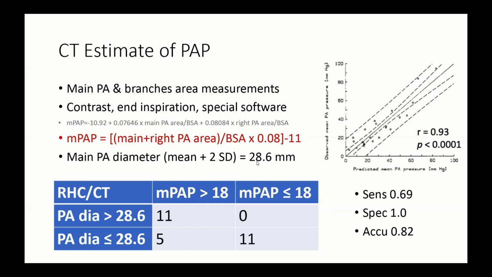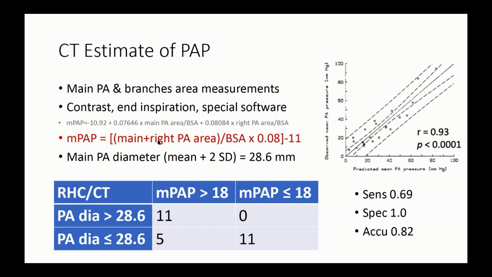They found out that they were accurate 22 out of 27 times, with some false positives, but there were no false negatives. So the specificity was very high, 100%, sensitivity was 70%, and the general accuracy of using 28.6 millimeters to predict pulmonary hypertension was 0.8 or 82%.